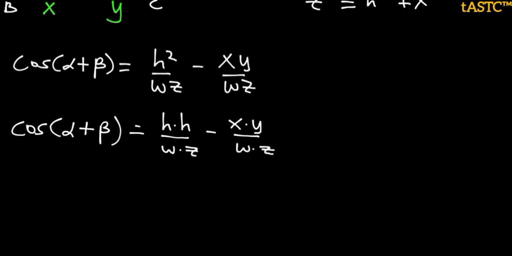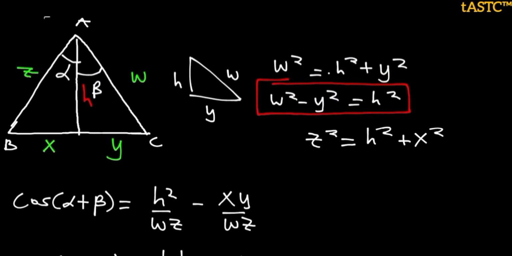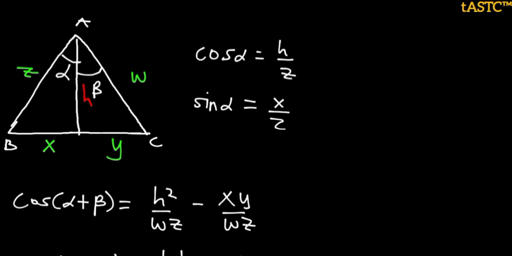Now we need to go back to what we said initially using this triangle. There were some trigonometric functions that we derived from these. First, we said that if you wanted to have cos alpha, that would be adjacent, which is the h, divided by the hypotenuse, which is the z. Then if you wanted to find the sine alpha, that will be opposite, which is the x, divided by the hypotenuse, which is z.